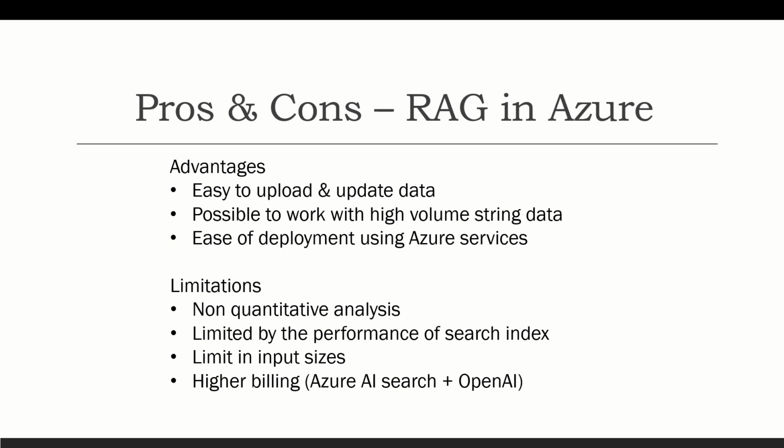It remains a language model and is not able to perform well when doing mathematical or statistical operations. And it also has the particular disadvantage of being limited by the quality of your search index and the higher billing due to double billing from both OpenAI and Azure.